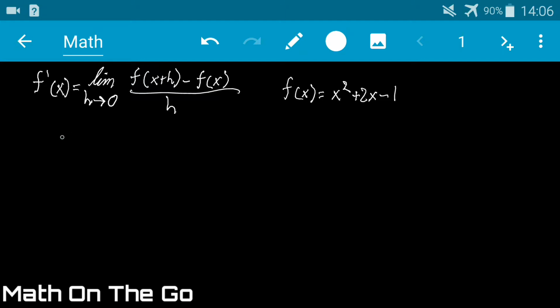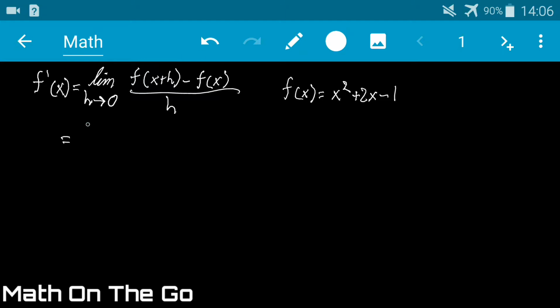So what we're going to do is this: f of x plus h is wherever there's an x, we're going to put in x plus h. So x squared would be x plus h in parentheses squared. So we'll go ahead and do that.